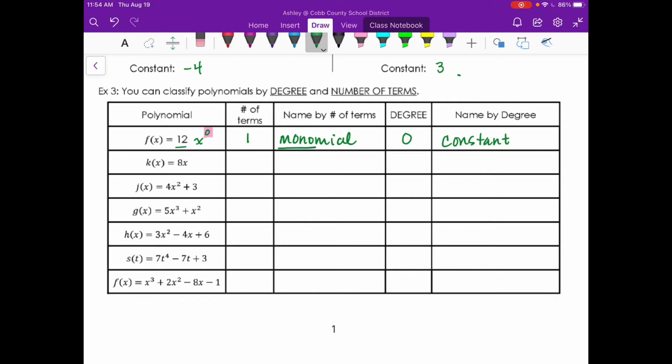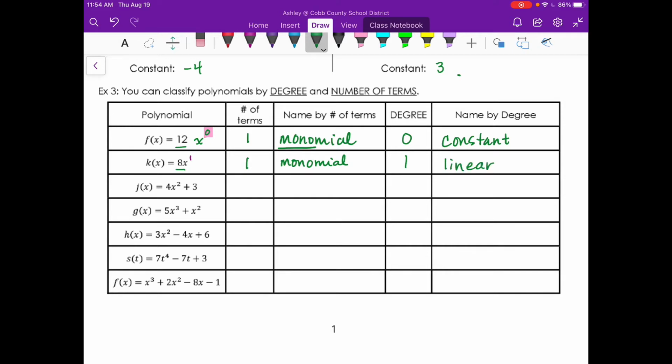Looking at the next example, we have 8x, that's one term again, not separated by a plus or a minus. So we will name it also a monomial. Here, our degree is a 1, and we call polynomials with a degree of 1 linear.